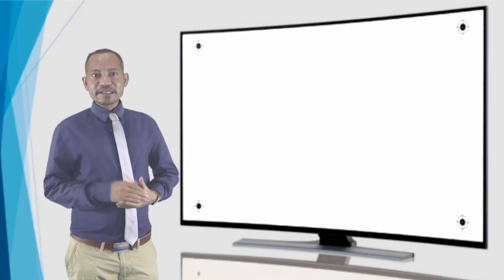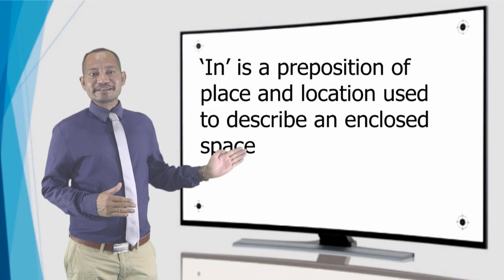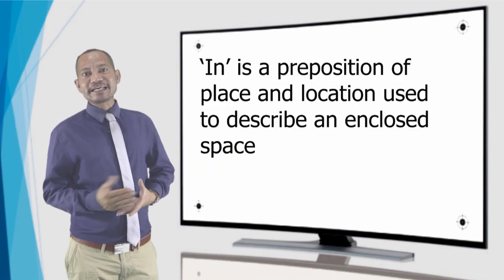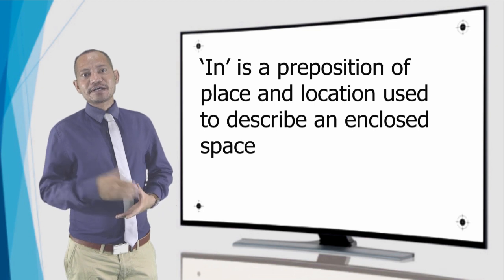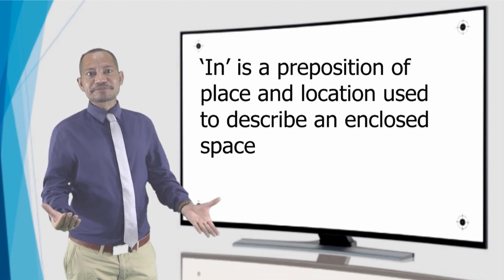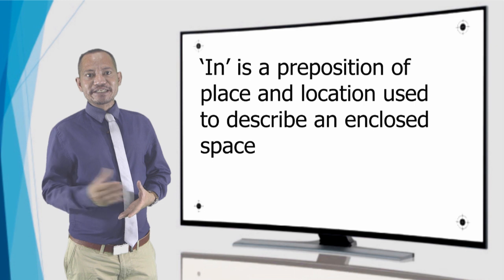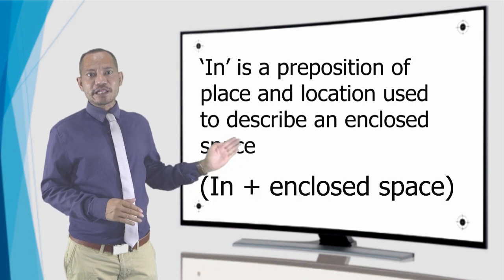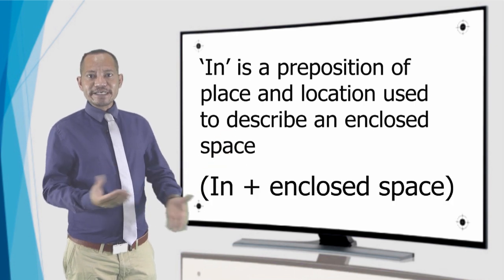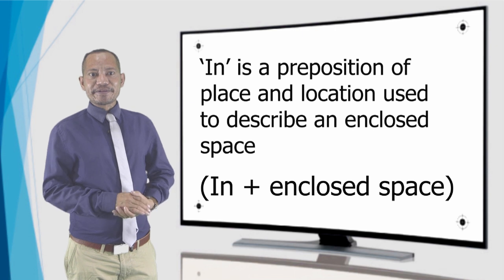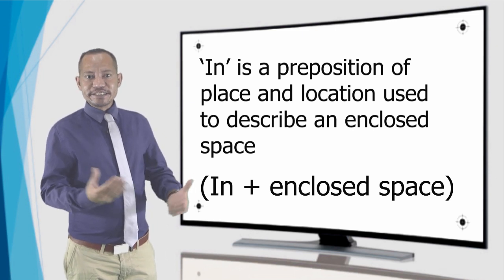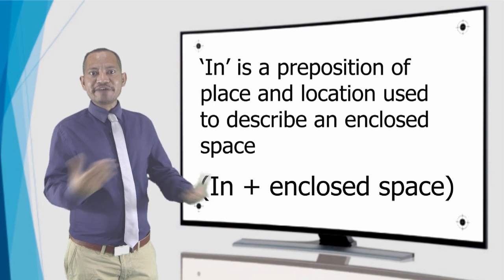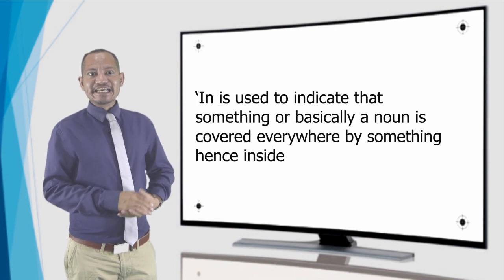Now moving on, let's look at in, a preposition of place and location that is used to describe an enclosed space. So we'll do it this way: in plus enclosed space. We use in to indicate that something, or basically a noun, is covered everywhere by something, hence inside.